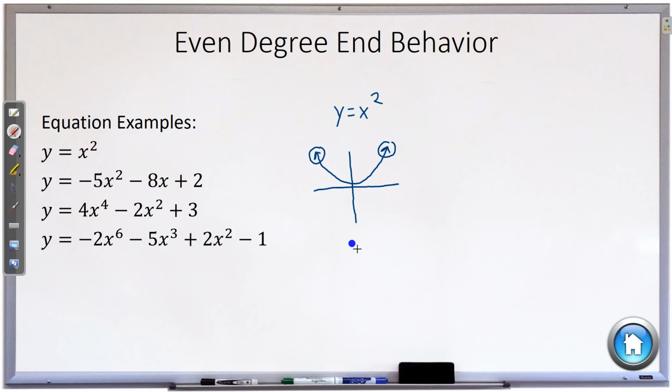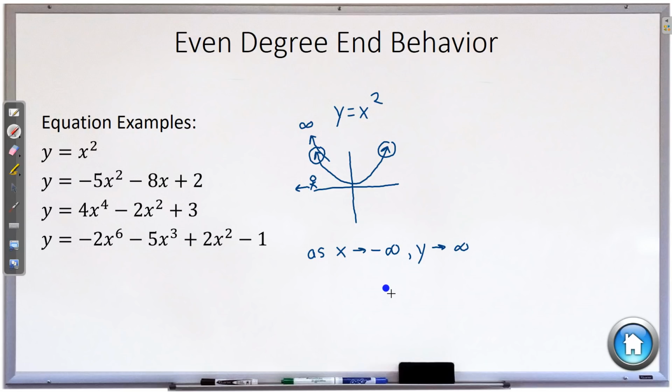And the way we describe that, we think of a person walking to the left. As that person walks to the left, they would go up and up and up forever. And the way we do that mathematically is we say as x approaches negative infinity, so that is walking to the left, our y values, where do they go? They are also going towards positive infinity.